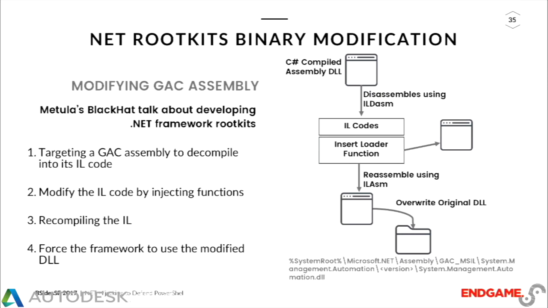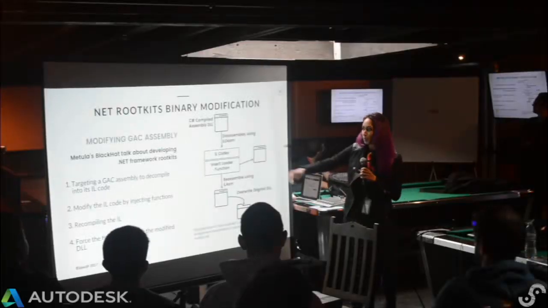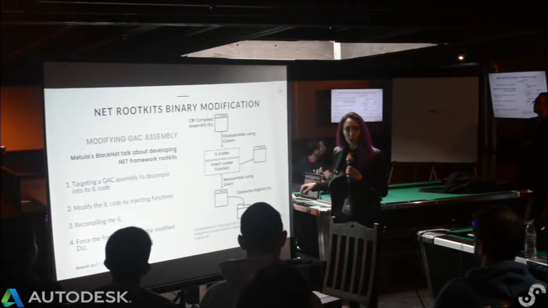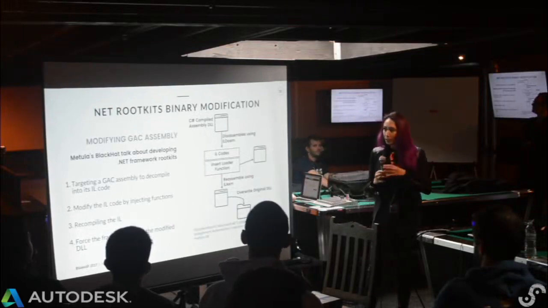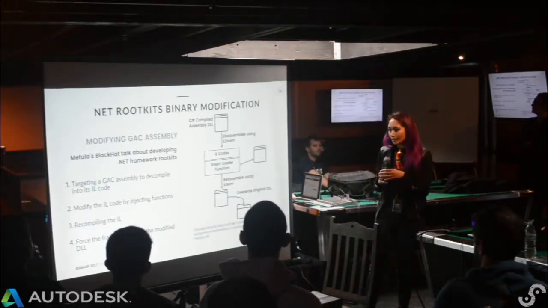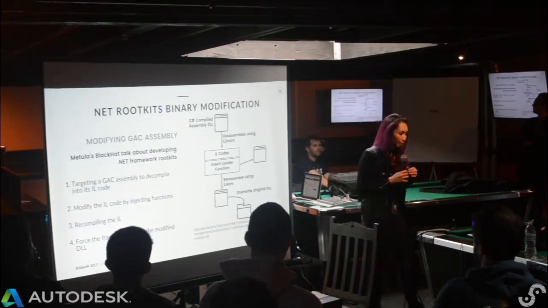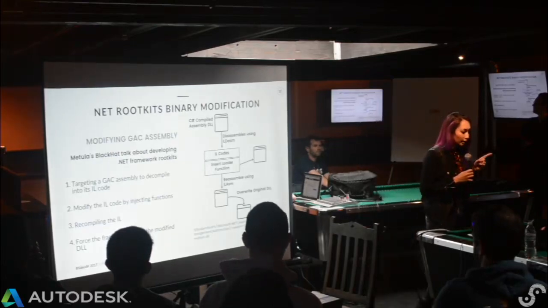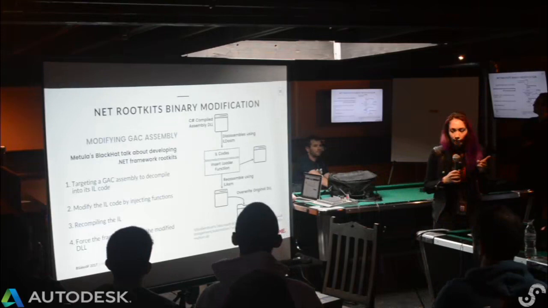So if we were to do the same thing, I would overwrite the System.Management.Automation DLL with my hooked code that would load my own special monitoring DLL. As I explained before, there are a couple of problems with this. You need to make sure that it doesn't validate the signature.